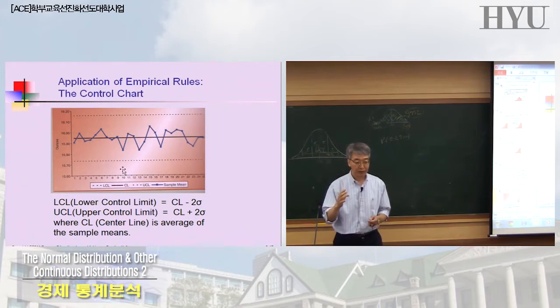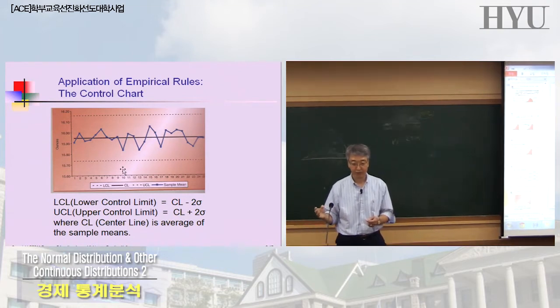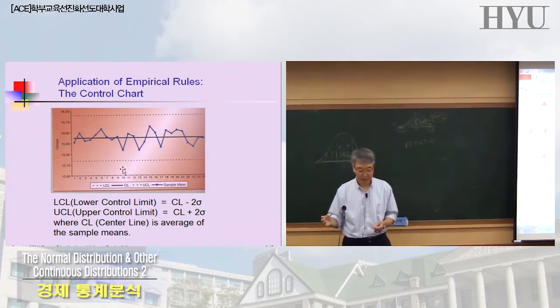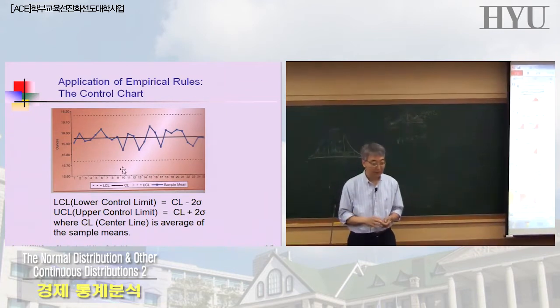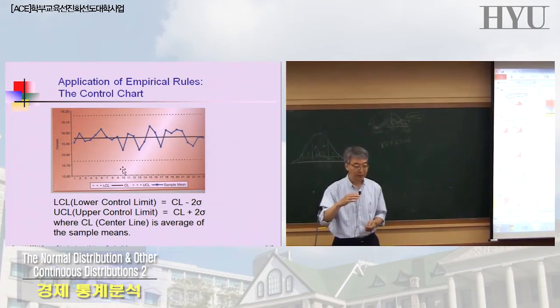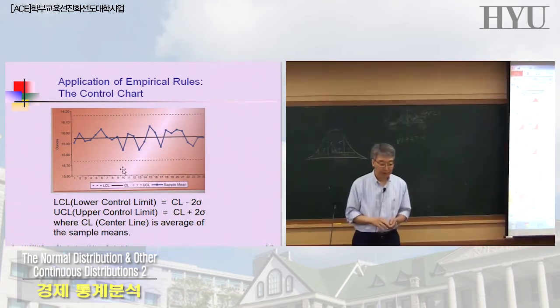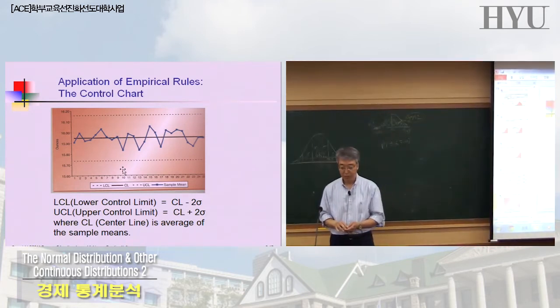And you do that for 24 hours, 365 days, right? So there are so many samples. But the center line will be the grand mean of all the samples that you've taken. In other words, the center line should actually be the target value, okay?